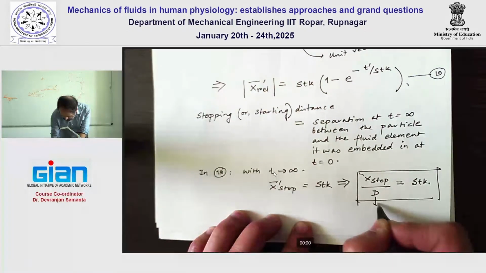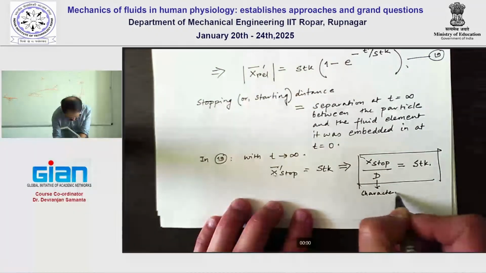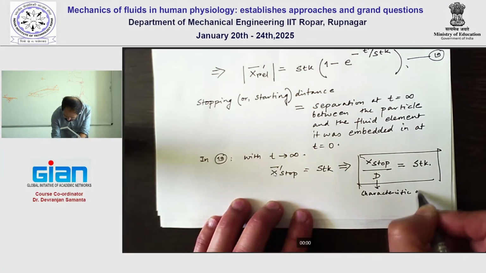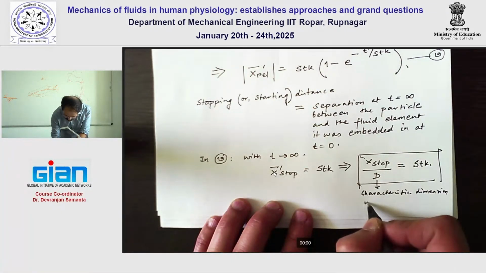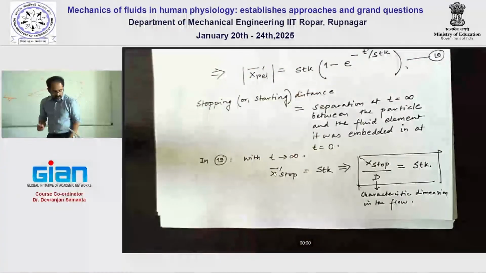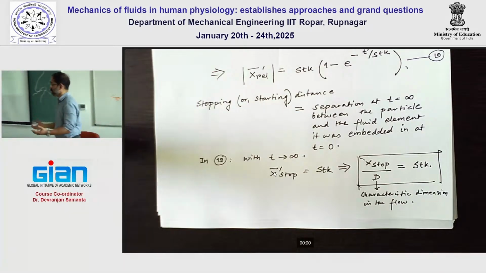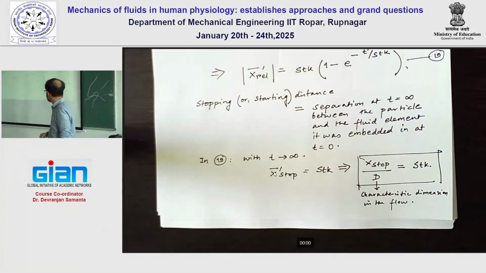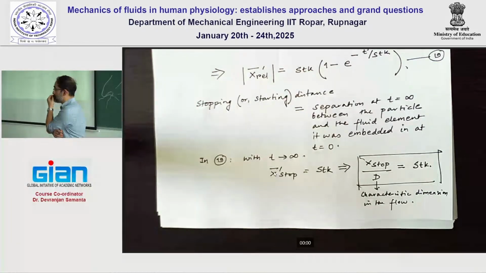So here d is the characteristic dimension in the flow. The Stokes number in this case is the ratio of that stopping distance over the characteristic dimension in the channel, whichever region of the airway you are trying to study, as in the example we discussed. Any question?